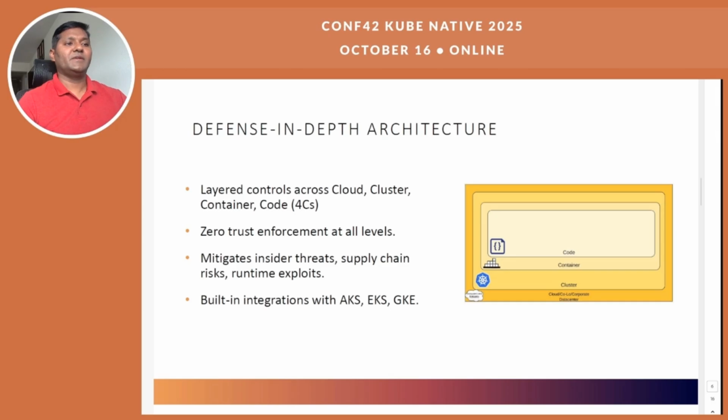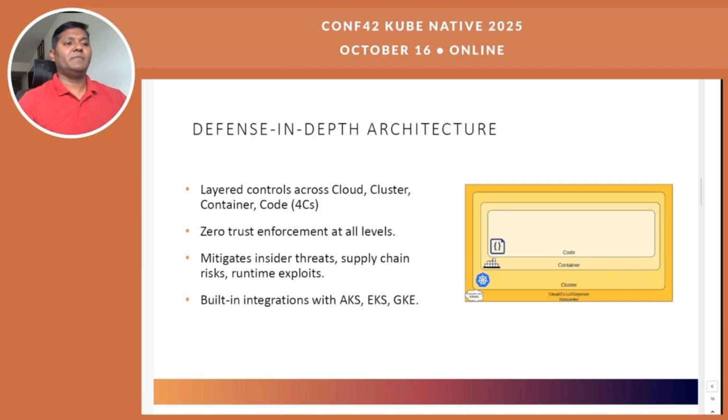This layered security design helps mitigate key risks such as insider threats, supply chain attacks, and runtime exploits, which are common in managed Kubernetes environments. What is also important is that this model leverages built-in security integrations available in managed services, meaning organizations can strengthen their security posture without adding excessive complexity.